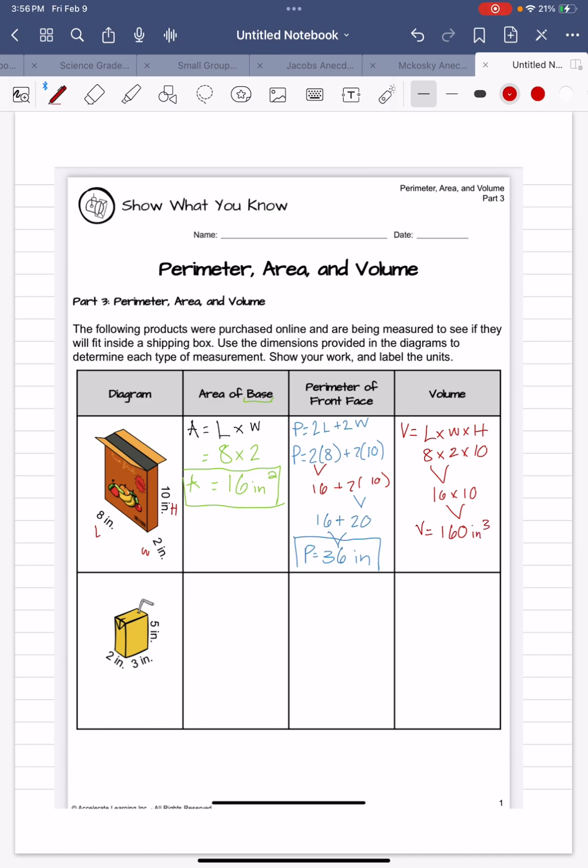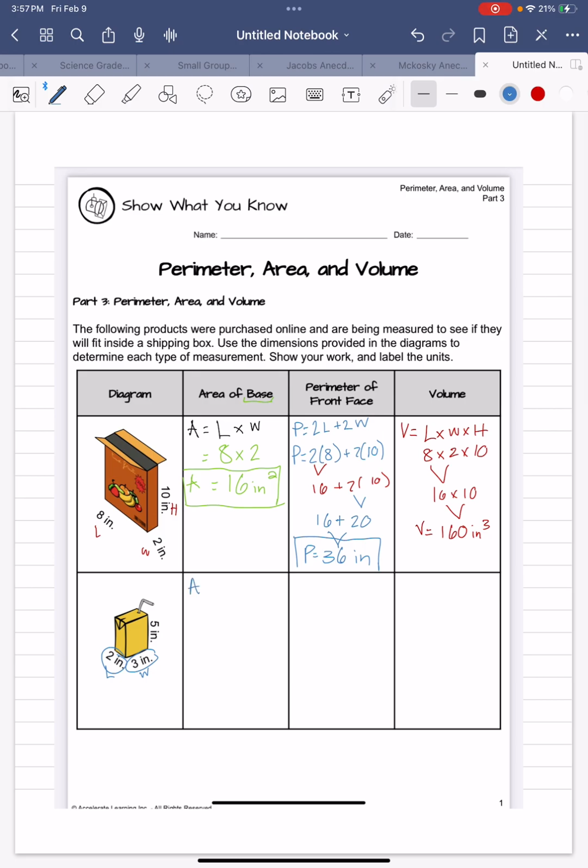So far, so good. If you need to pause or rewind, this is the best time to do so. Okay, now we're going to move on to finding the area of the base of the juice carton. So let's take a look at our values for the juice carton. I see that the bottom 2 measurements are 2 and 3 inches. So for the area of the base, I want the length to be 2 and the width to be 3.